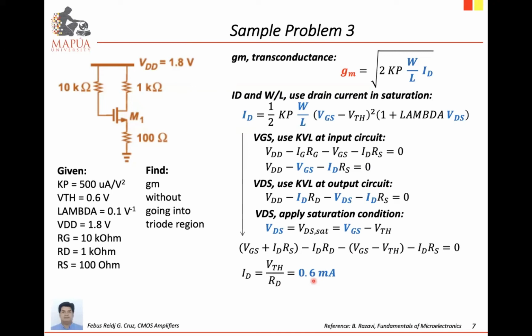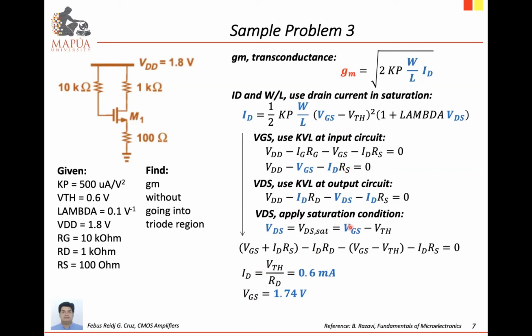So we continue. After knowing ID, pwede na nating ibalik dito sa taas muna. After knowing ID, you can calculate for the VGS. Then after knowing VGS, you can compute for the VDS. Then from there, we can compute for the W over L. Then afterwards, we can compute for gm. So for VGS, you can use this equation.